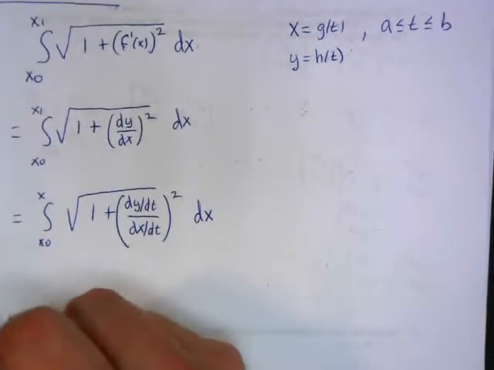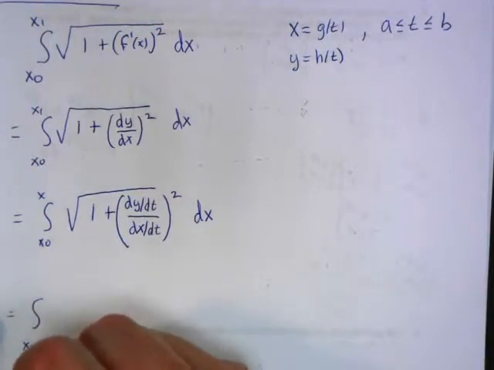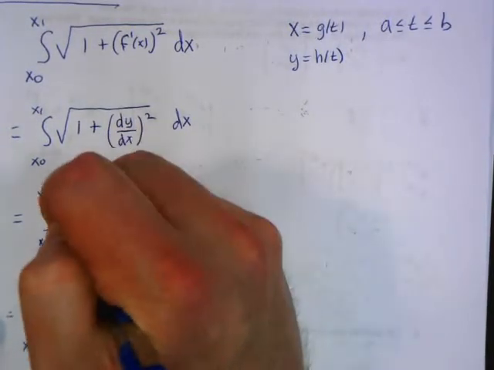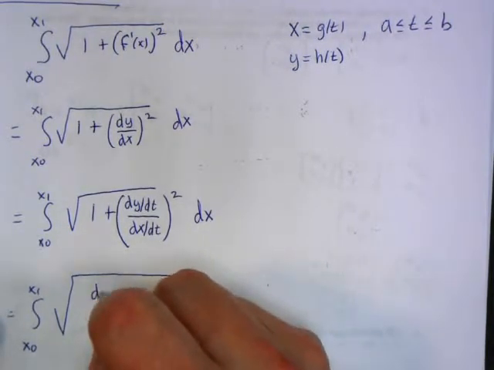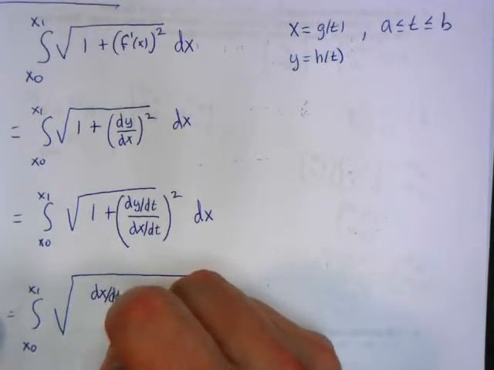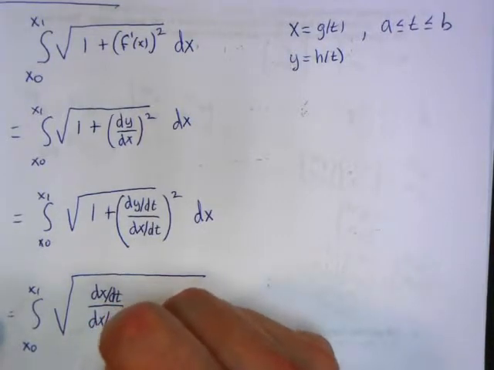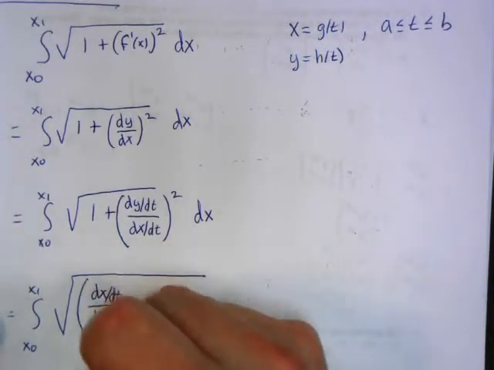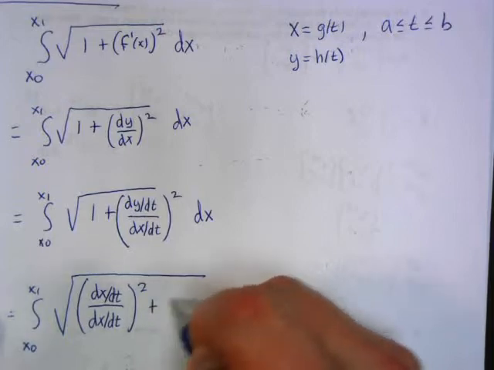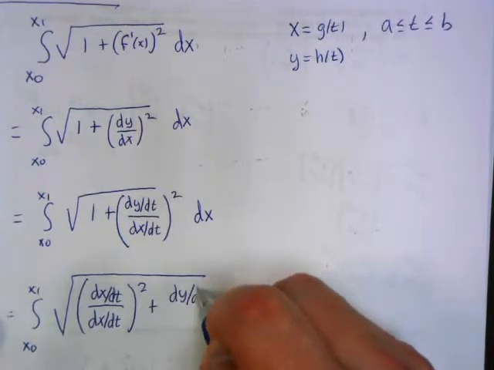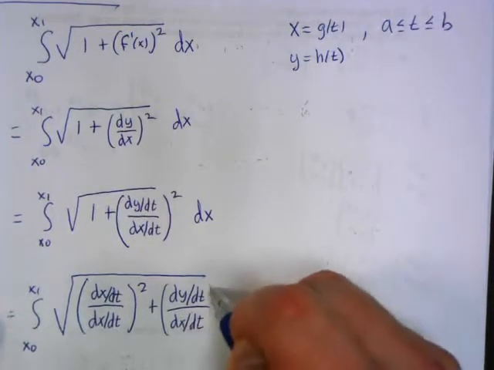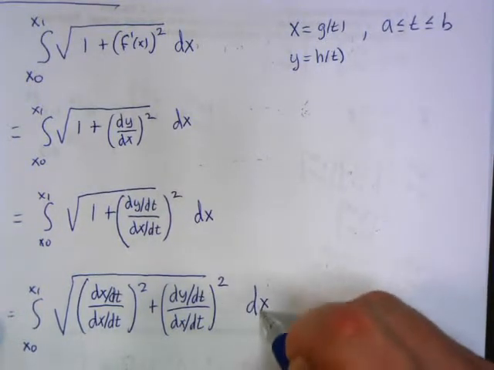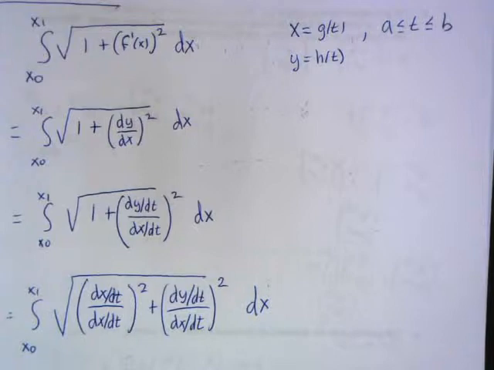So this is the integral x0 to x1 of the square root of dx/dt over dx/dt squared plus dy/dt over dx/dt squared dx. What did I do that time?